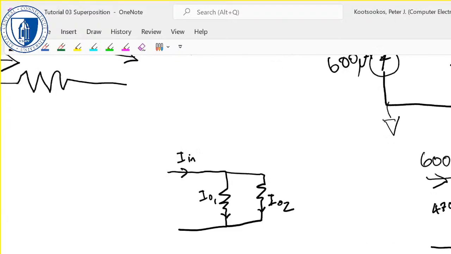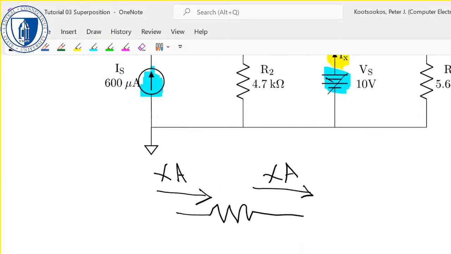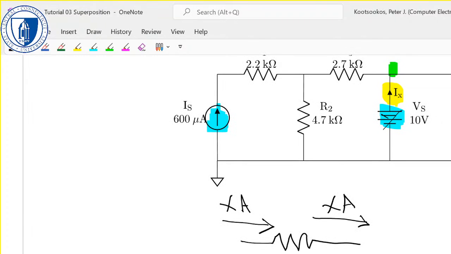Okay, so we've solved this circuit by keeping Is and replacing Vs. Now we're going to do the same thing again, but this time we're going to replace Is and keep Vs.